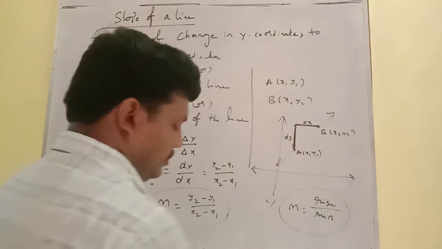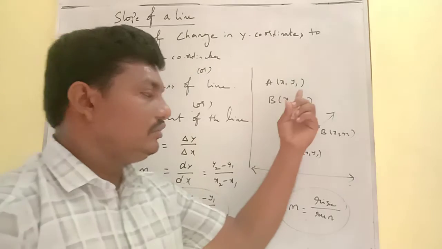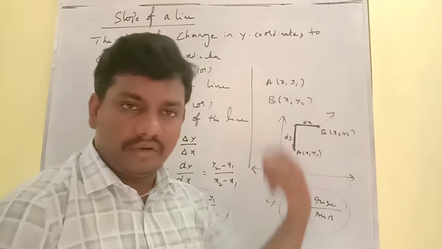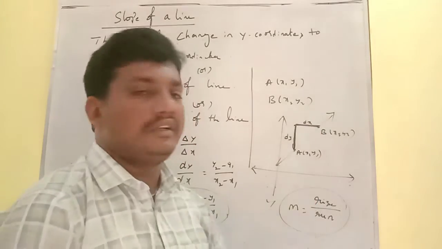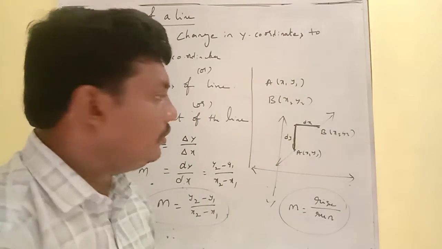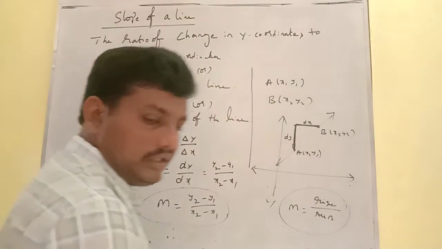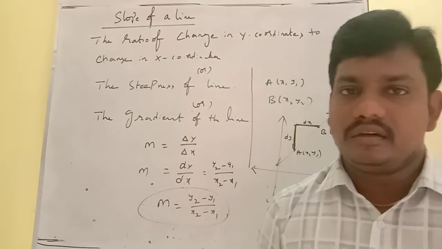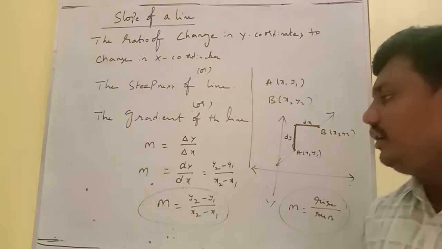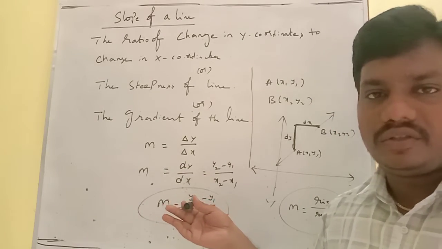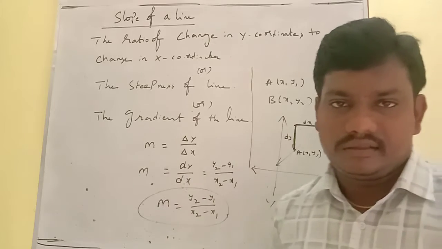The rise is the change in y coordinates, or difference of y coordinates. The run is nothing but the difference of x coordinates. Therefore the slope is the change in y-axis to the change in x-axis.